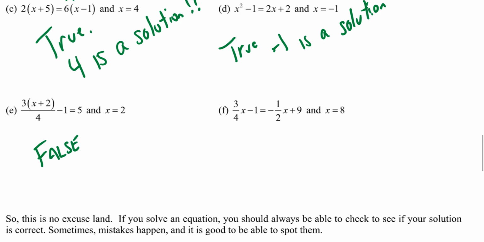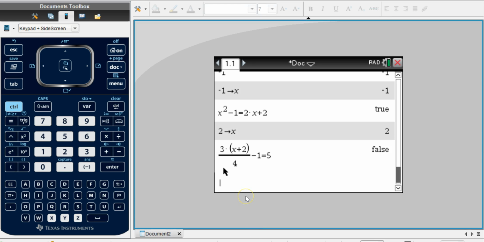Jensei thinks he can do the last one. I don't know if we should trust him. Jensei, what'd you get? All right. I was getting lazy because I didn't want to do it.